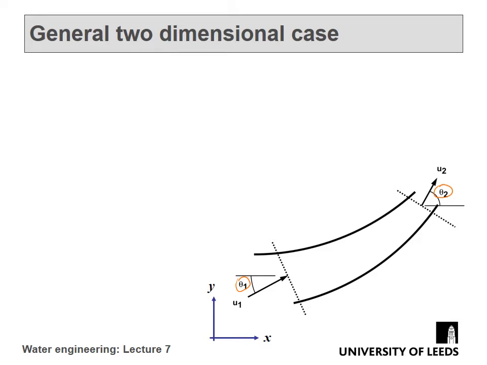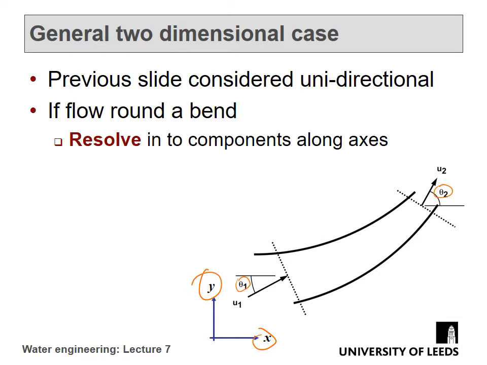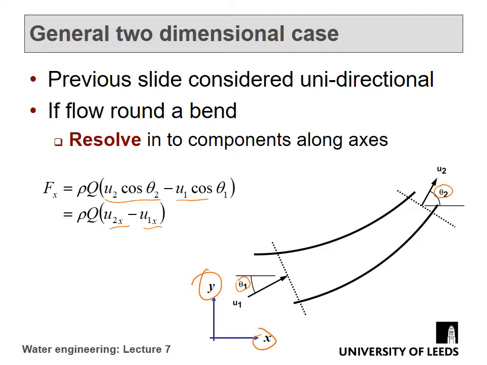We're going to resolve our velocities into the x and y direction and look at the forces in the x and y direction. So let's say we've got Fx equals rho Q (u2 cos theta 2 minus u1 cos theta 1), and I'll shorten the u2 cos theta 2 to u2x. So these are equivalent, both the same. Okay, just a shorter notation.